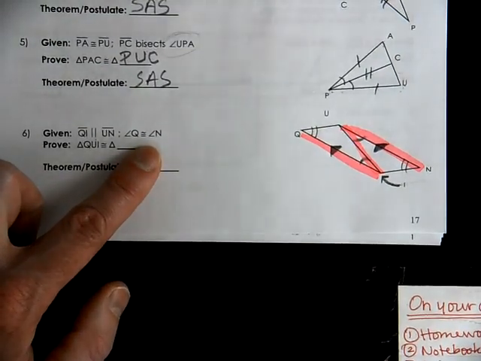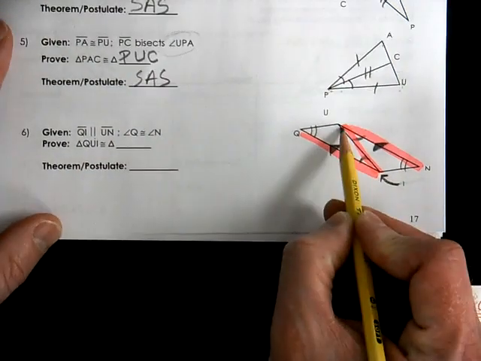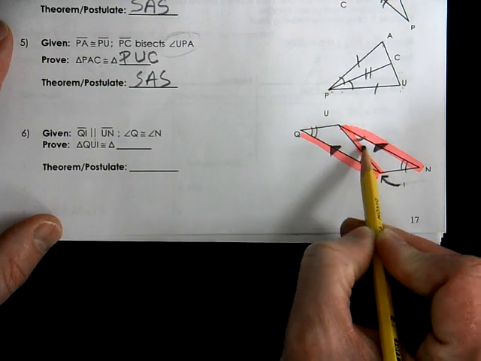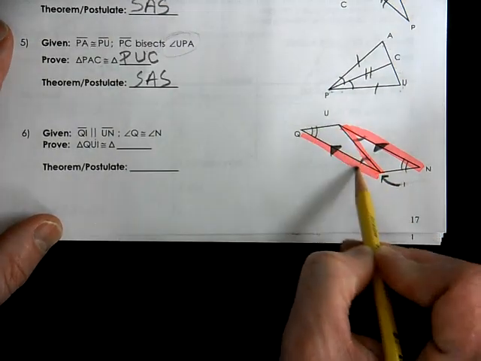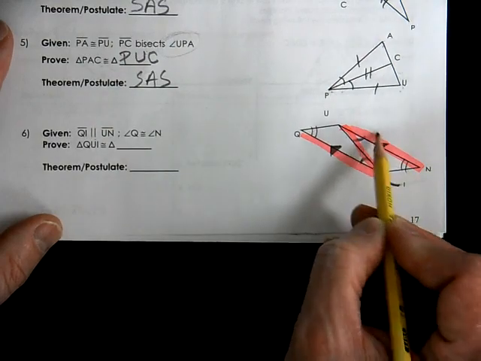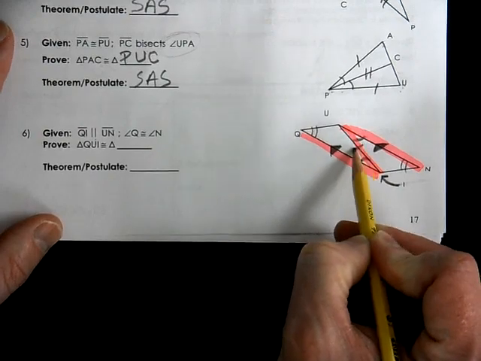And what's our third bit of information? Something that we don't have labeled yet. We notice that this segment in the middle of the two triangles, if you trace out the one triangle and if you trace out the second triangle, they both share this segment.